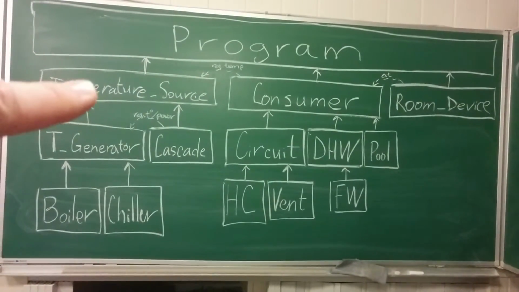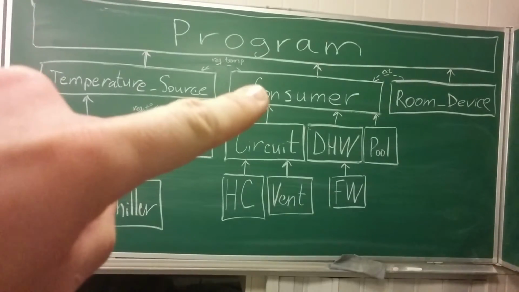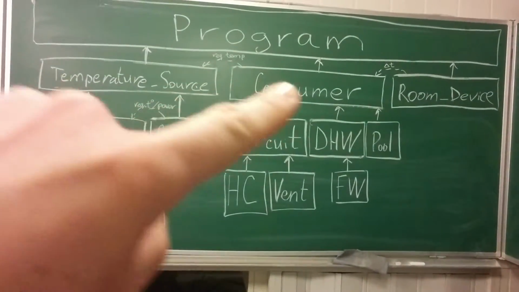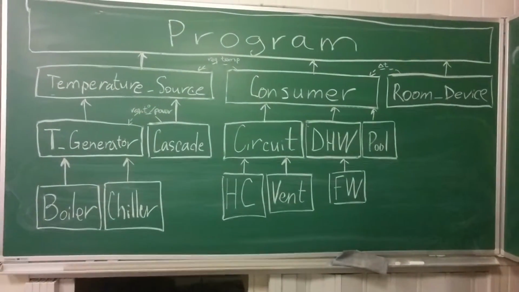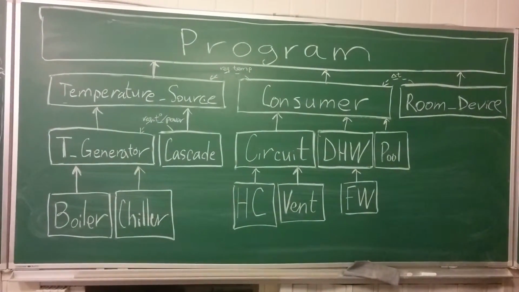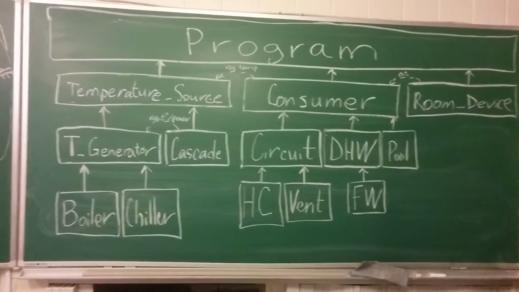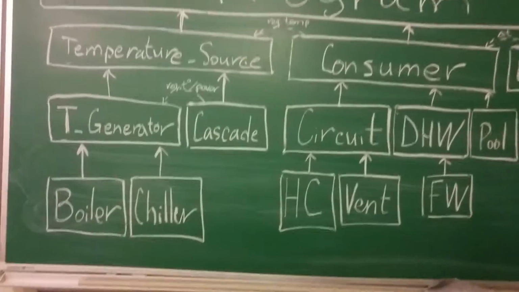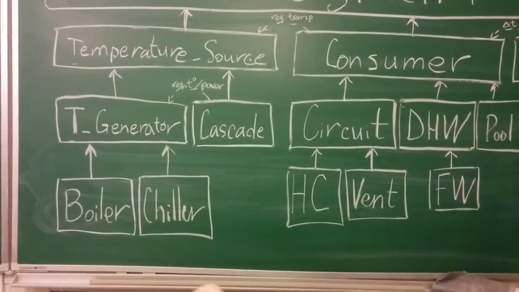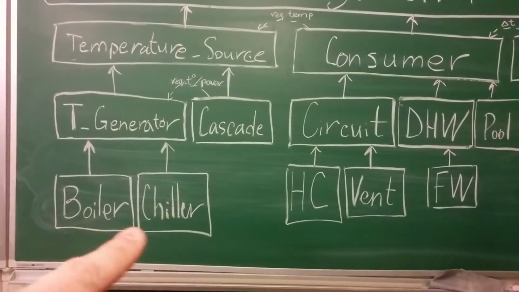The temperature sources, consumers or heat consumers, and room devices. When you talk about temperature sources, it could be any kind of source. For example, usually it is boilers or chillers.